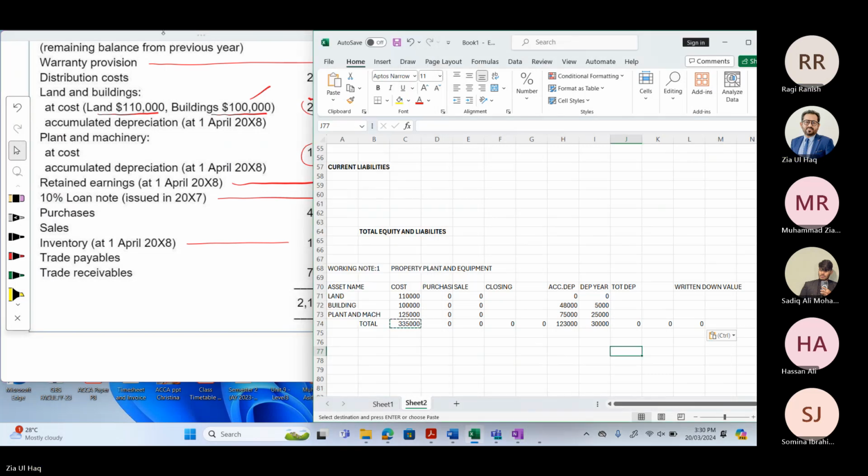Is it fine? Okay. Now we need to calculate written down value. How can we calculate written down value? First, we need to calculate the closing balance of the assets. How is closing balance calculated? Cost plus purchases minus sales.